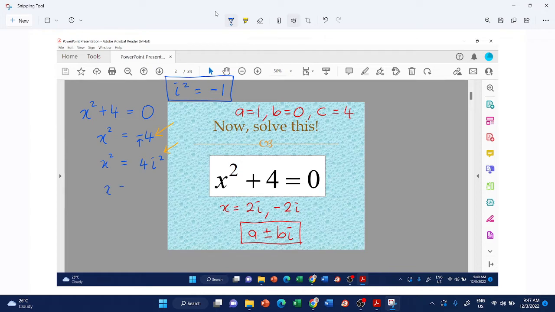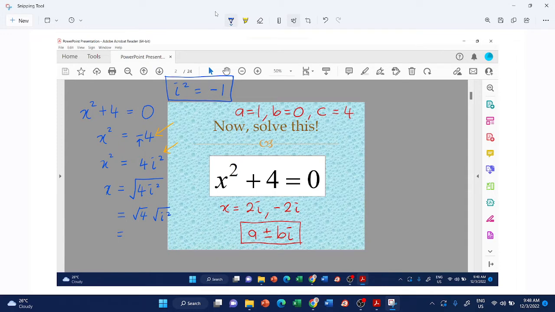Okay, so we have x equal to. On the left hand side we have power 2, right? Bring to the other side, it becomes square root. So that means we have square root 4 and also square root i squared.